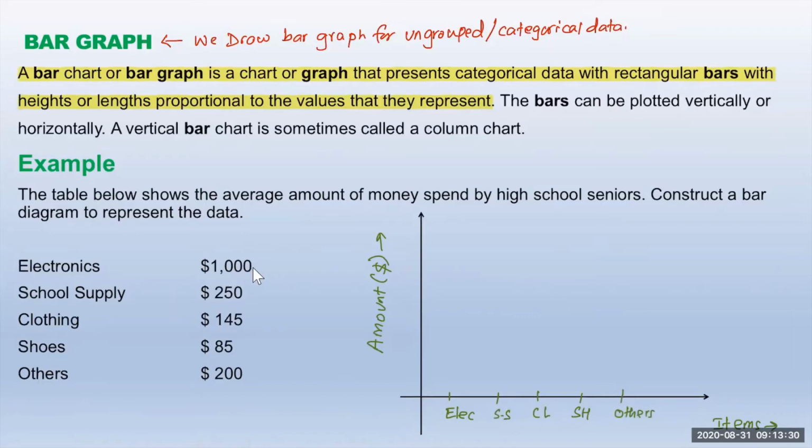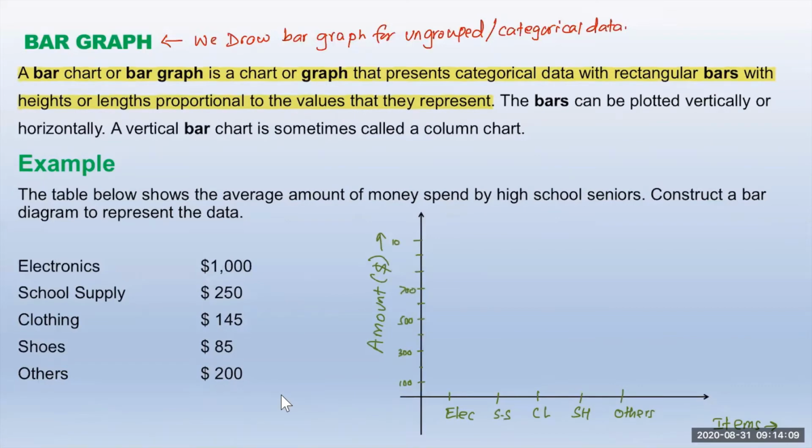Maximum amount is 1,000. The minimum is 85. So I'm going to go by a difference of $100. So 100, 200, 300, 400, 500, 600, 700, 800, 900, 1,000.